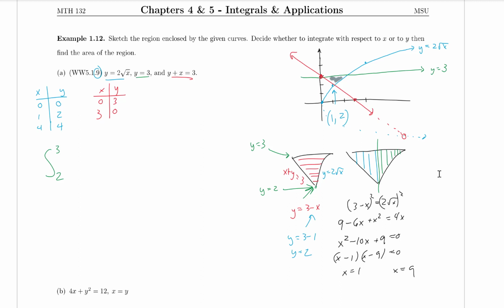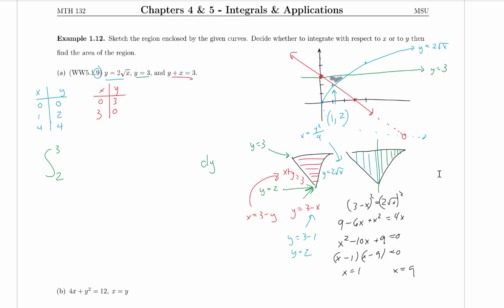Now, since we're going to be integrating this in terms of dy, we need to get both of our equations in terms of x. The linear function is going to be x equals 3 minus y, and the quadratic function is going to be x equals y squared over 4.